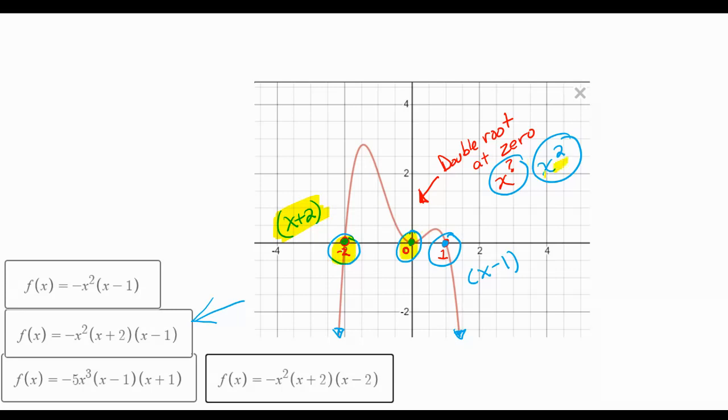The 0 will have the exponent. The 1 has to go in as -1. So this is our answer. Okay, so you're matching up the numbers for the exponent, or the numbers for the x-intercepts. Just remember you take the opposite numbers, okay?